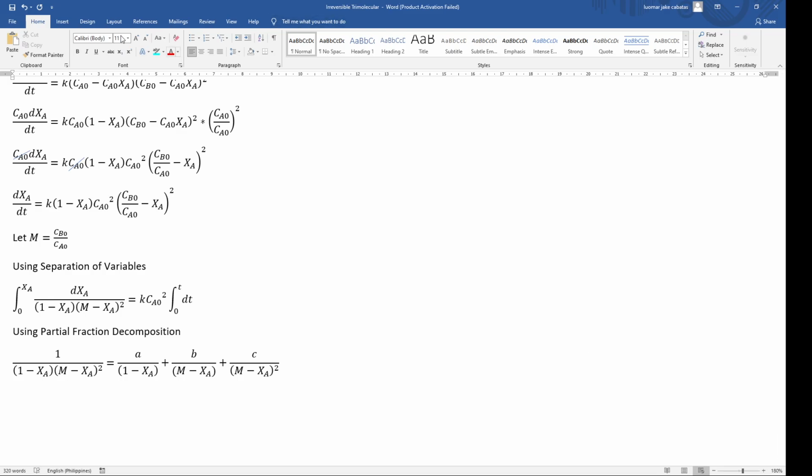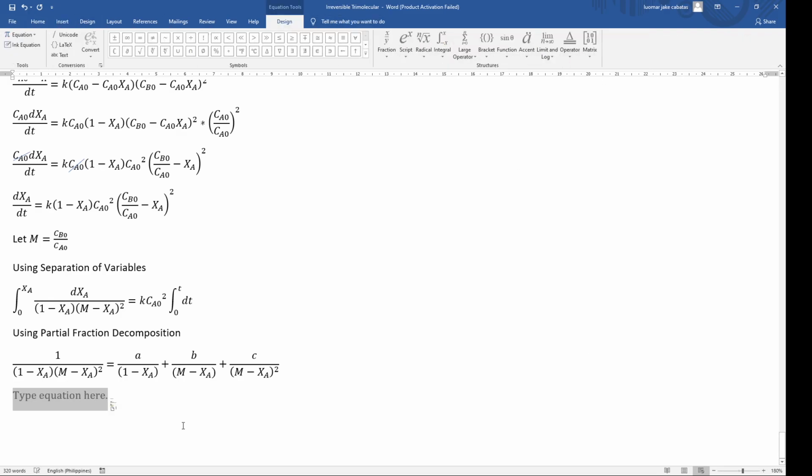This all equals, 1 is equal to A times, plus B times, plus C times.